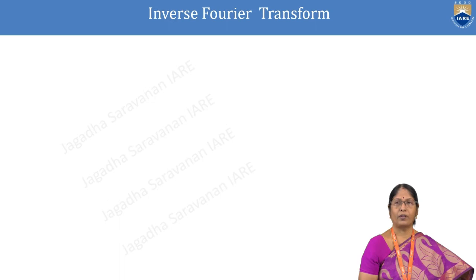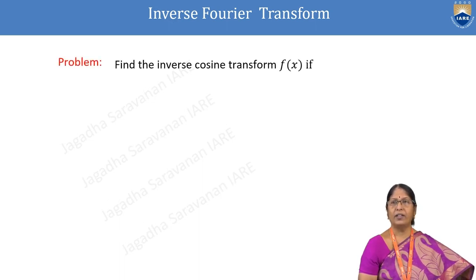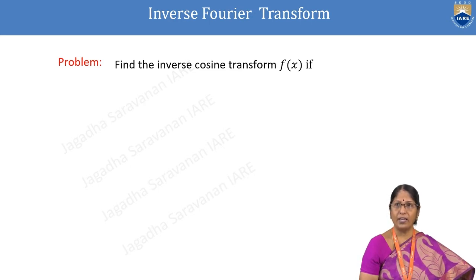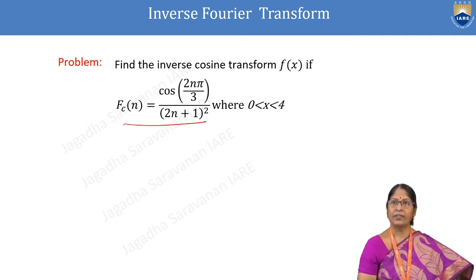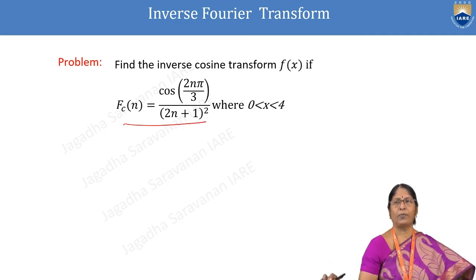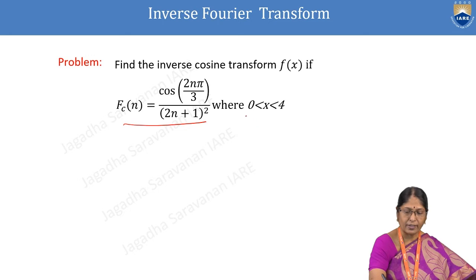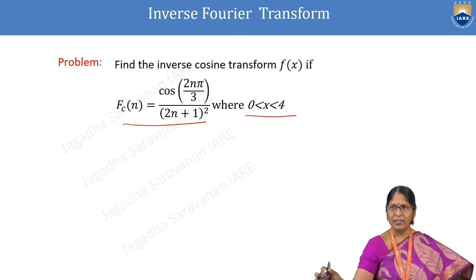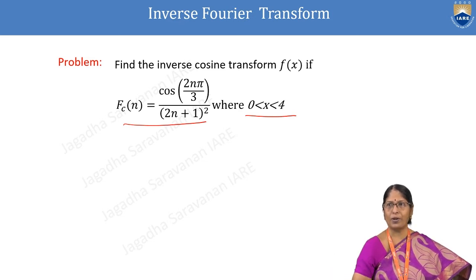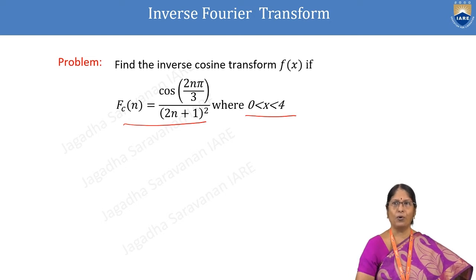One more problem we will concentrate on. Find the inverse cosine transform f of x, if the Fourier cosine transform function is given, where x lies between 0 to 4. That means the formula is x lies between 0 to L, and in our problem x lies between 0 to 4.